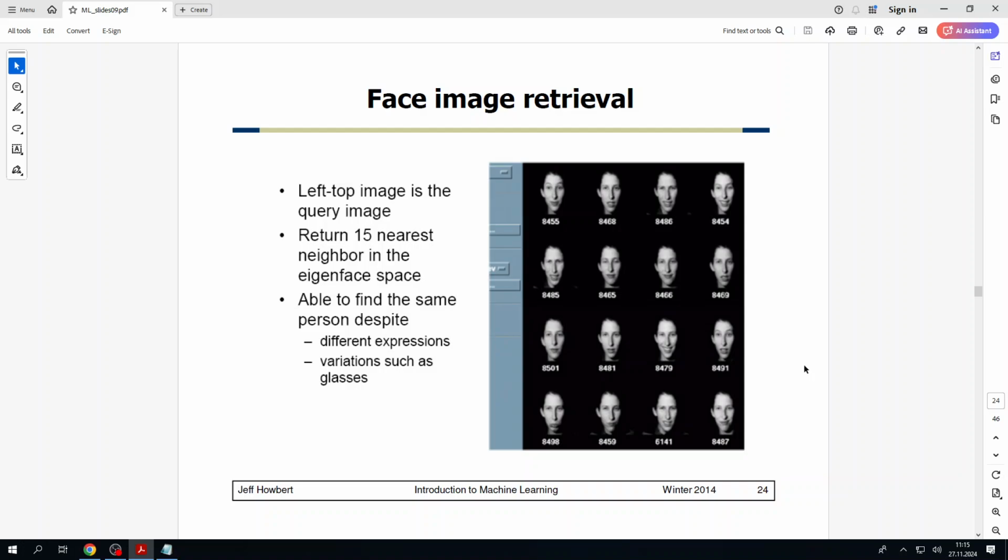Because we extracted only the most important parts of this face that make it belong to this person, without specific details such as the current light. Is it daytime? Is it nighttime? Is it natural light? Is it artificial light? Is the person wearing glasses? What is the haircut of this person? All that stuff is not so relevant compared to the most important eigenvectors of these images.